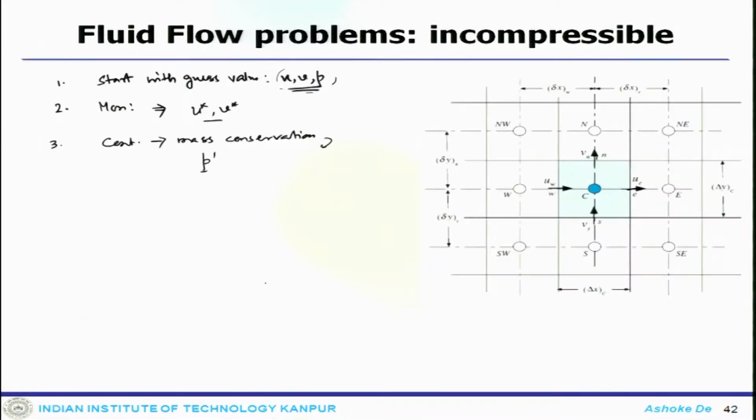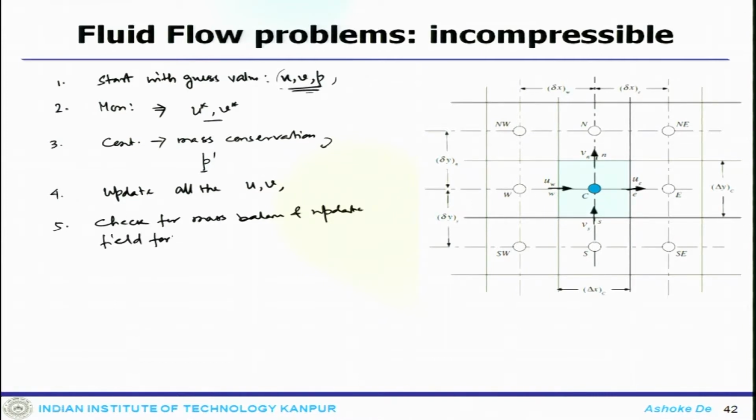Once you solve for the pressure correction equation, you get the new pressure, and then you update all the u and v, and with that again you check for continuity, otherwise again check for mass balance and update the field for the next level of iteration.